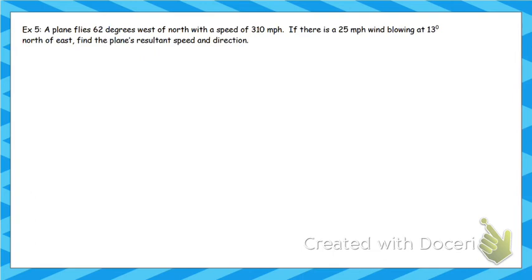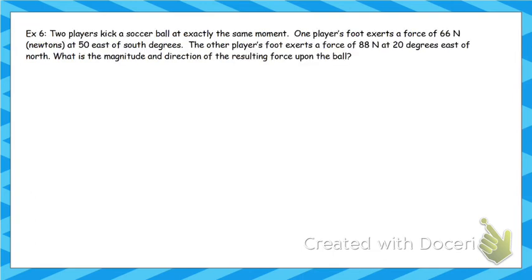All right, we're going to do one more involving direction. Again, very similar. We just have to consider these directions when we write our angles here. So two players kick a soccer ball at exactly the same moment. One player's foot exerts a 66 Newton force at 50 degrees east of south. So south will go east 50 degrees. So let's find what that whole angle is before we move on.